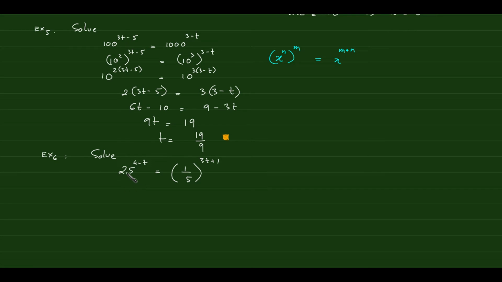Okay, so let's change this to base 5. 25 is 5 squared, right? And this is 1 over 5. Remember, 1 over 5, when I flip it up, becomes 5 raised to the negative 1, raised to 3t plus 1.